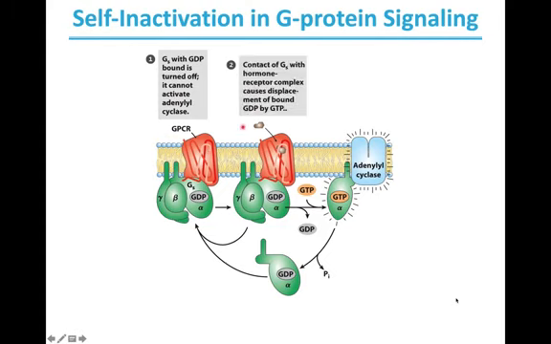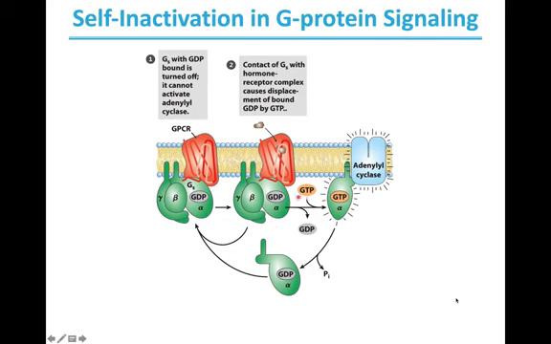When epinephrine binds, this results in a conformational change on the GPCRs, which further leads to the displacement of GDP from the alpha subunit of the GS protein.